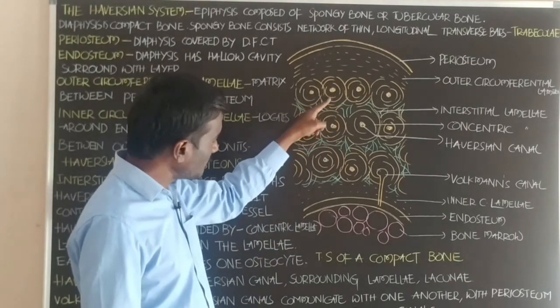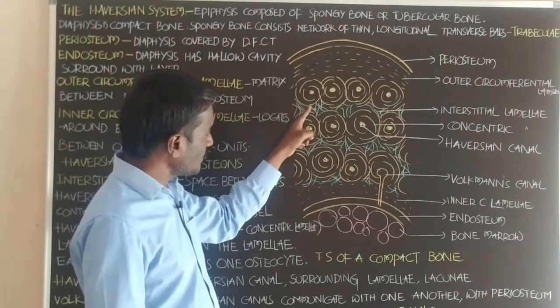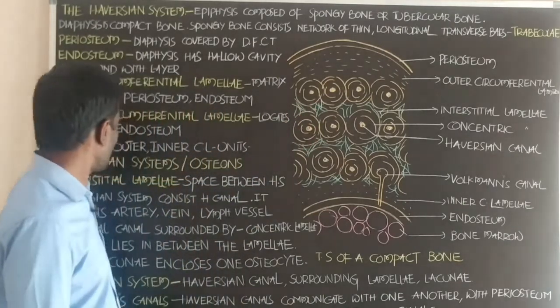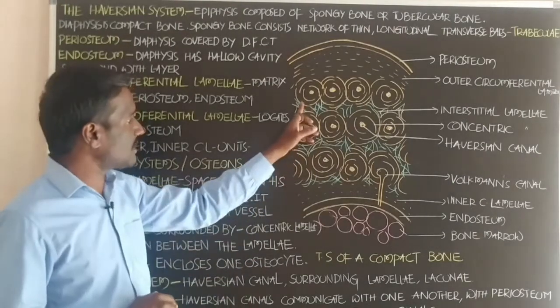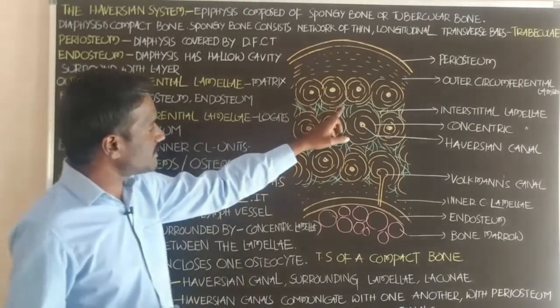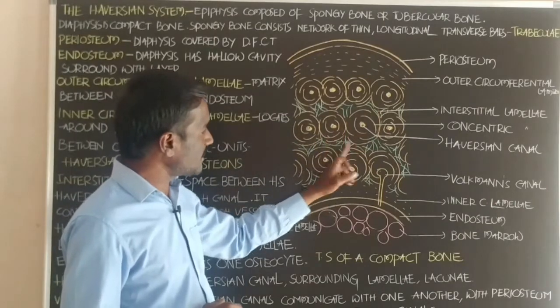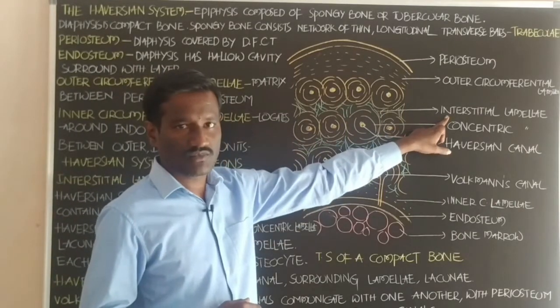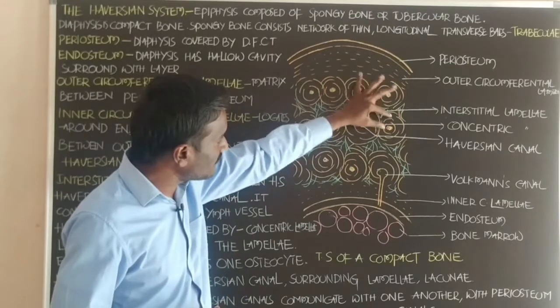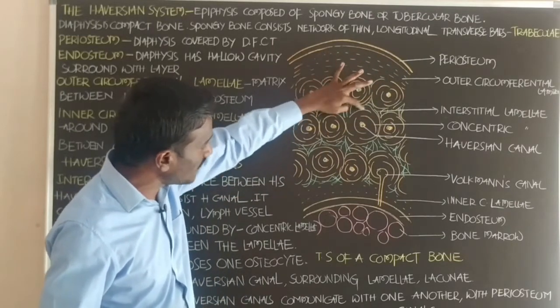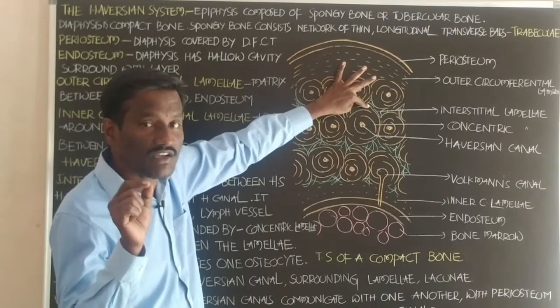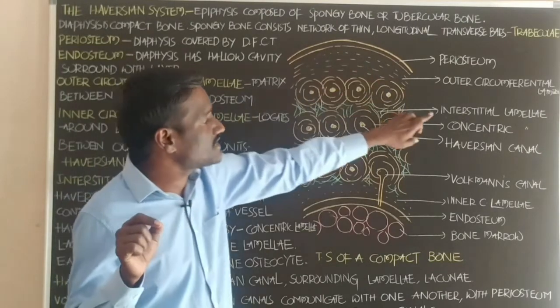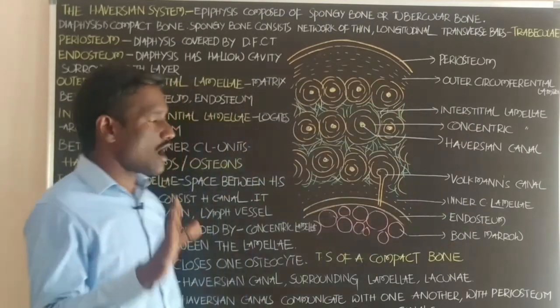The space between the Haversian systems also has lamellae, because the matrix appears in the form of lamellae. These are called interstitial lamellae.